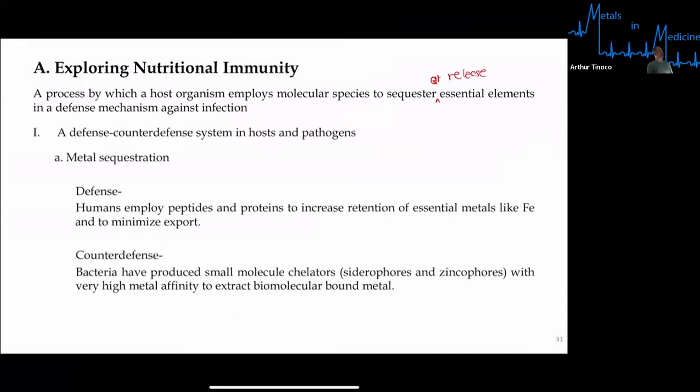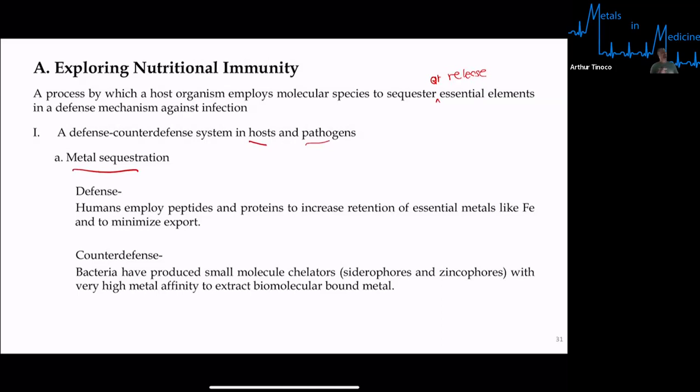All right, so here's this idea of how the human system can actually engage in a sort of defense, counter-defense mechanism with pathogens. So humans being the host, and then the pathogen being some sort of microbe that's entering. So you can have this idea of metal sequestration as what humans can do as their own defense.